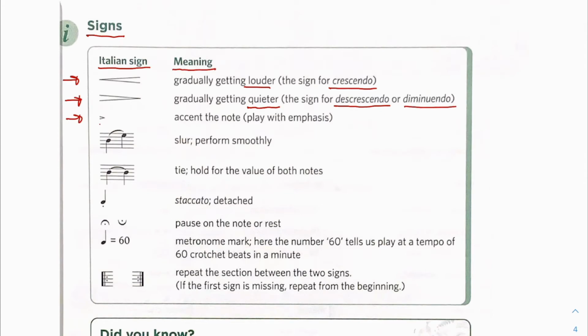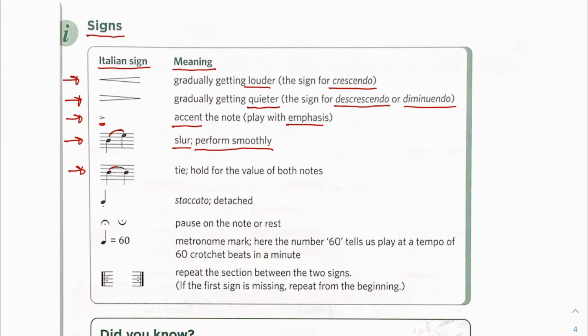Next, we have a small arrow, which is an accent. It means to accent the note or play with emphasis. Next, we have a curved line here joining two different notes. It is a slur, which means to play or perform smoothly or to connect the two notes.